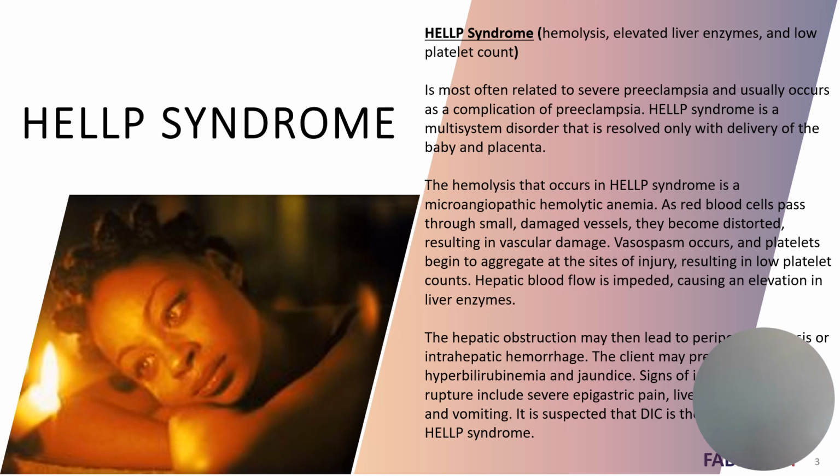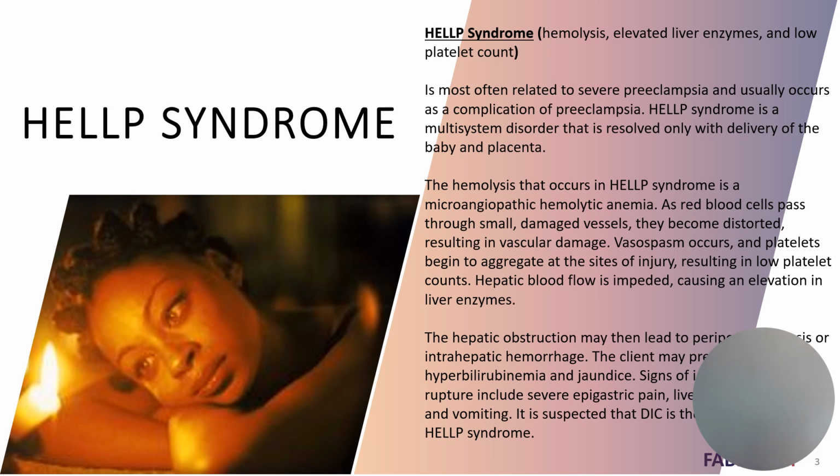It's most often related to severe preeclampsia and usually will occur as a complication. It is a multi-system disorder and it is only resolved, like with preeclampsia, with delivery of the baby and the placenta. The hemolysis that occurs in the HELP syndrome is going to be a microangiopathic hemolytic anemia.